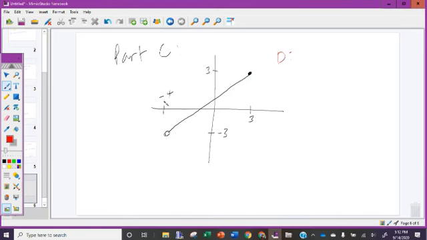So the domain is how far left do you go? All the way to the left, I'm at -4. And at -4, it's open. So I am parentheses. All the way to the right, I'm at +3. It's closed, so it's bracket. This is my interval. Okay?